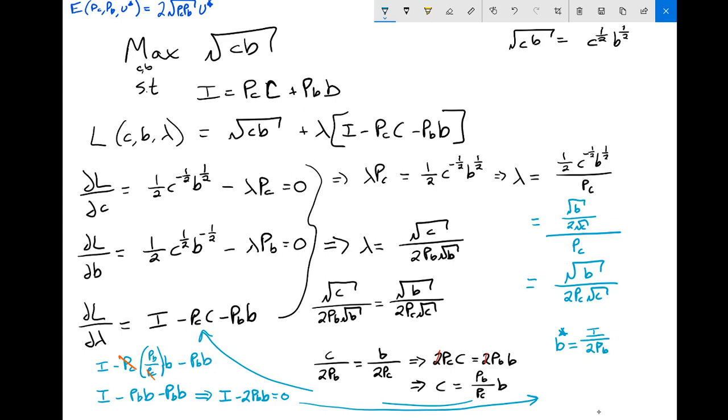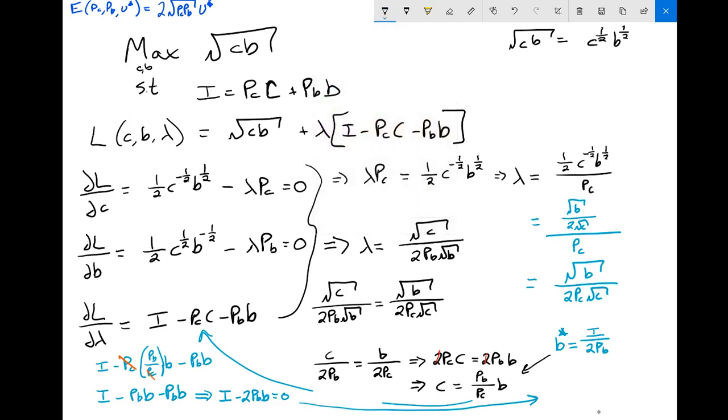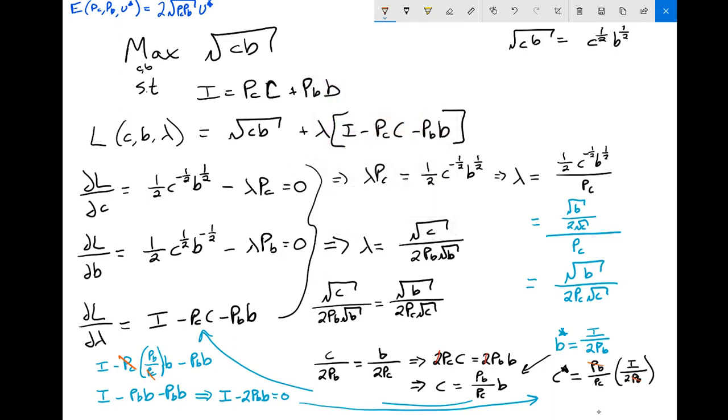It's B star because it's a function of only parameters and not of variables. If I want to know what C is, I plug B star back into C. Plug that in here, and we'll get C star equals PB divided by PC multiplied by I over 2PB. The PB's cancel out, and we get I divided by 2PC.